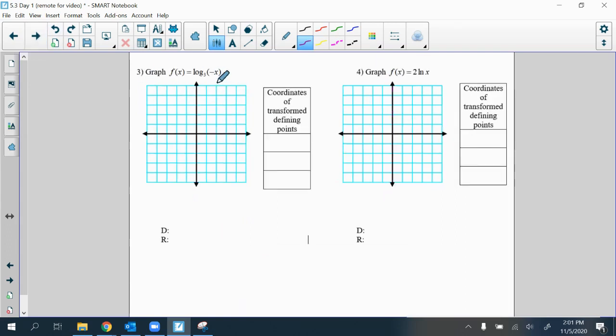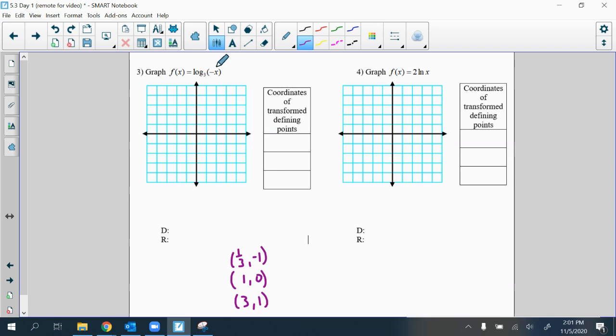Okay, let's do a few more of these. So log base 3 of x. If I'm thinking about the defining points of log base 3, they would be 1, 0; 3, 1; and 1/3, -1.